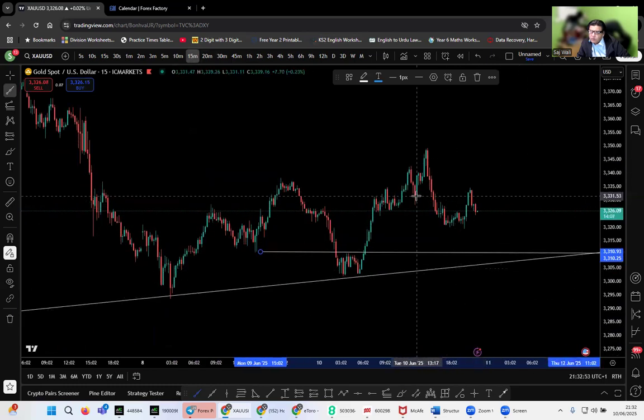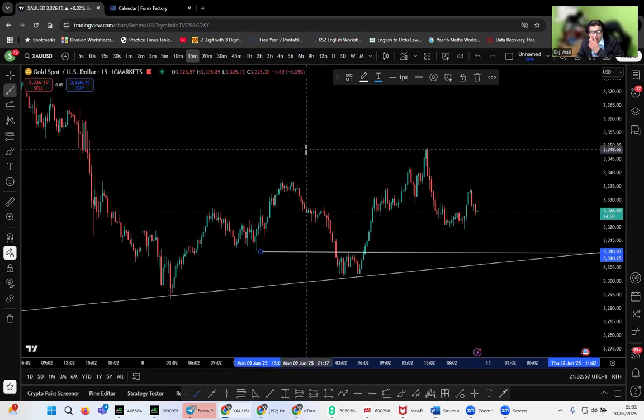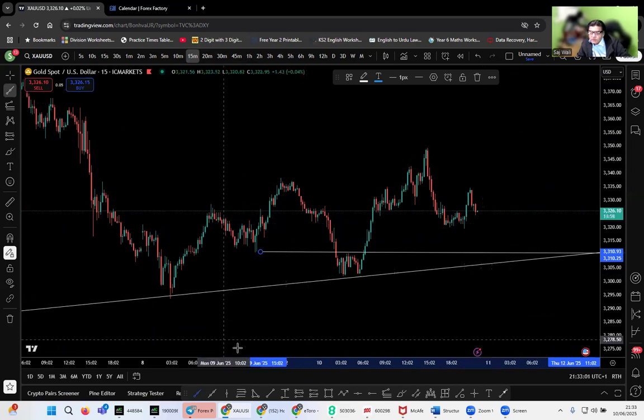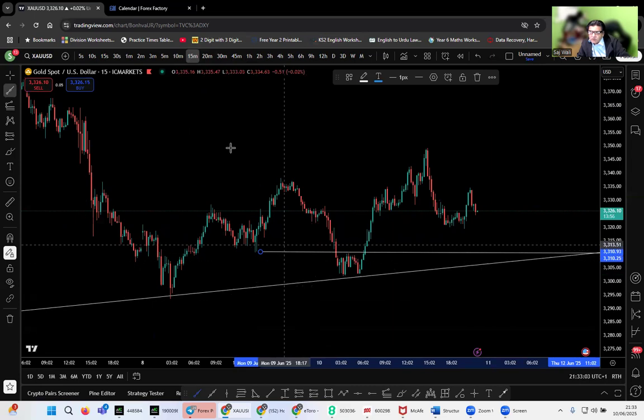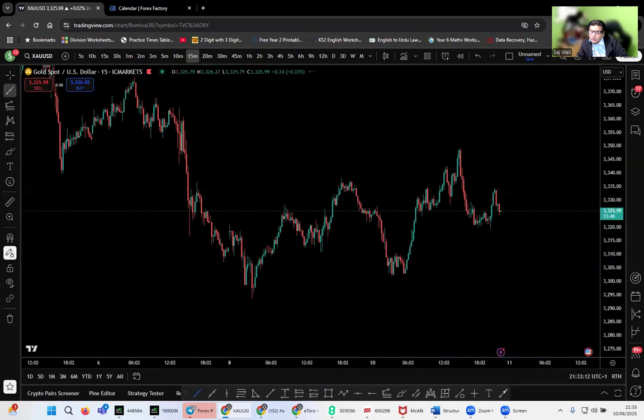If you want to know more about moving averages and how to use them, if you're not sure with the structure, so if you have good structure knowledge and you use moving averages and RSI with it, it increases your probability, and it can be a very good way of doing your trading.